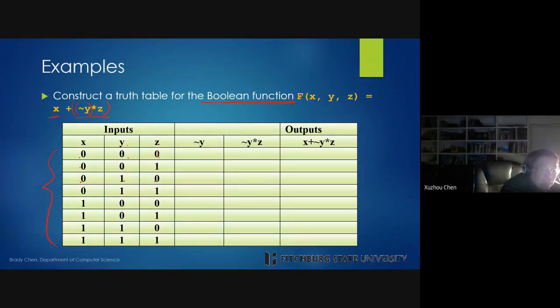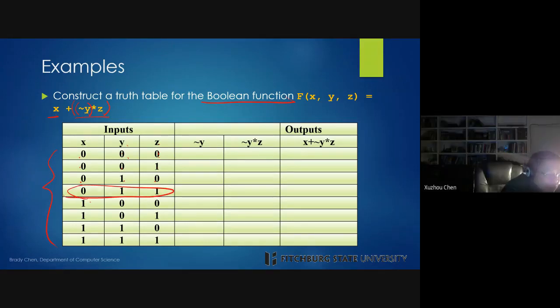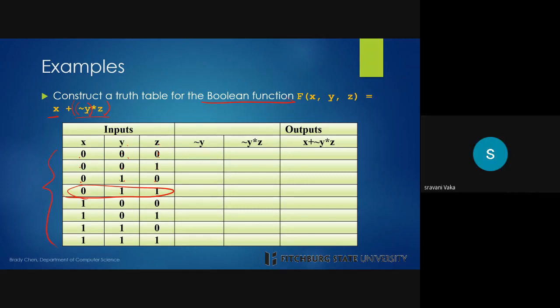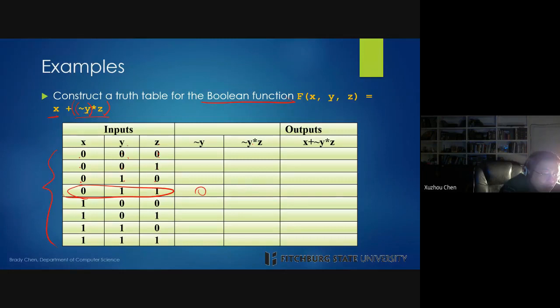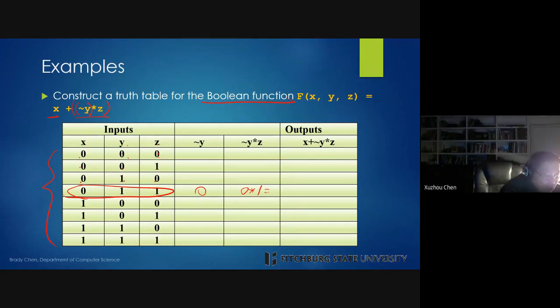So now let's randomly pick one to calculate. I hope that you can fill out this table, but let's fill up this table. Okay. Now, so x is 0, y is 1, z is 1. So negation y evaluated first. Negation y is 0, right? Yes. Okay. So then negation y times z, 0 times z is 1, also 0, right?